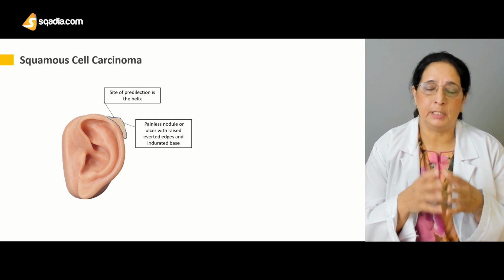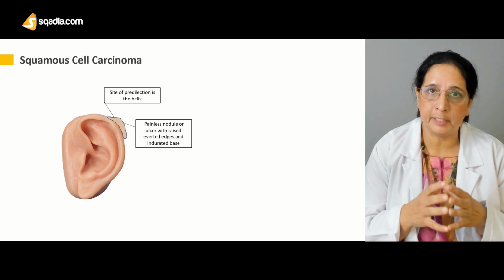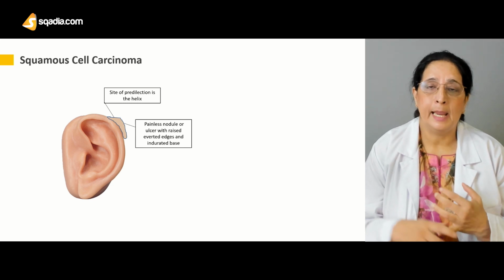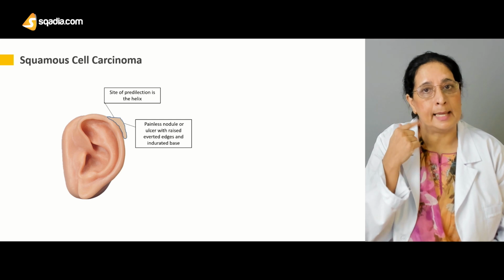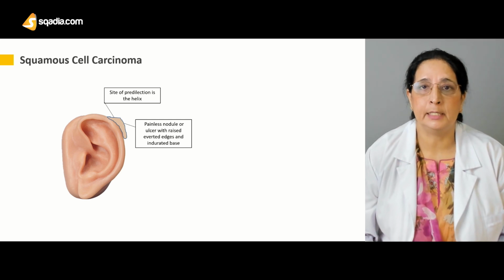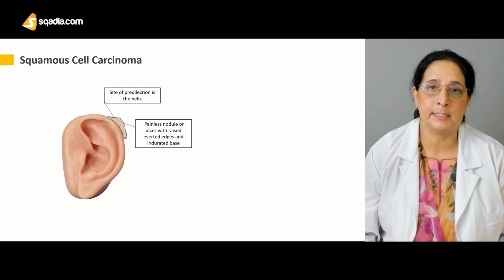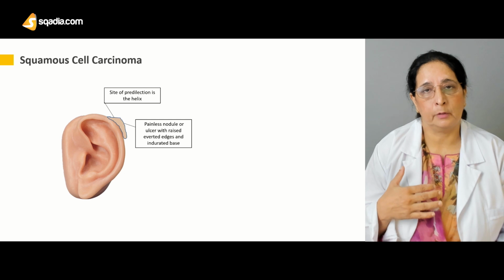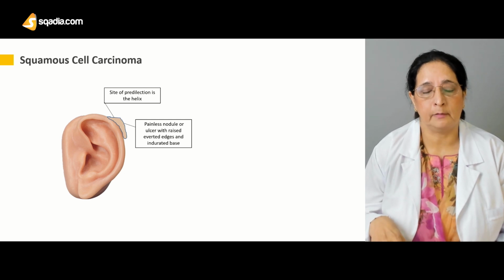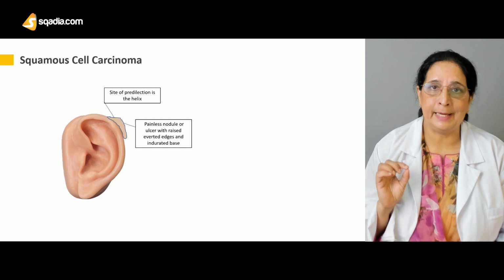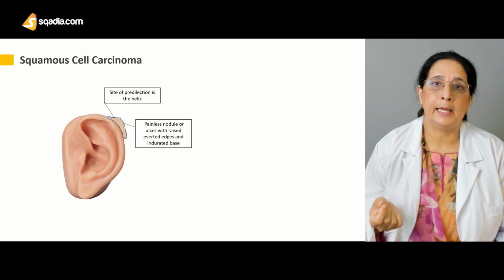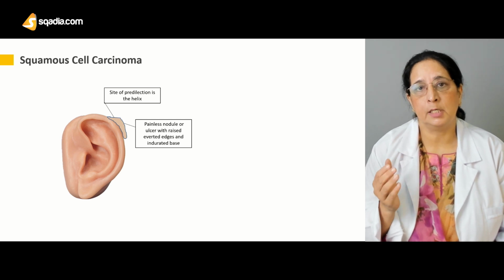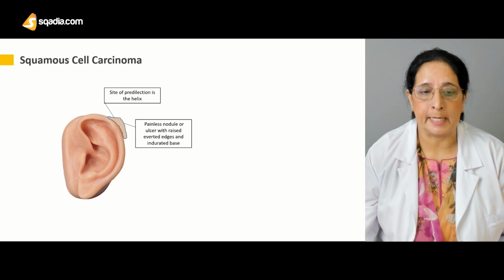As I mentioned, it's not very common, but it spreads very rapidly. So any growth that develops on the helix should be taken care of quickly, and you should see the doctor before it metastasizes to distant sites. It's a painless nodule, or an ulcer with everted edges or an indurated base.